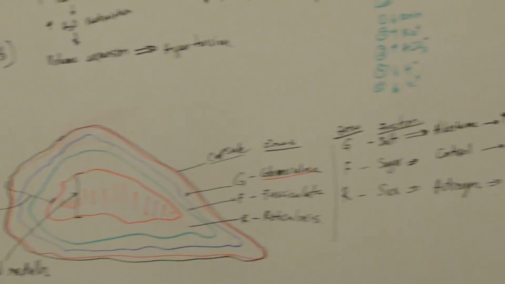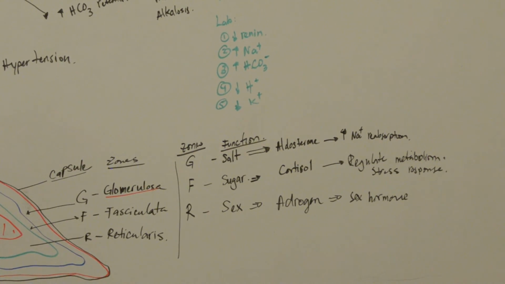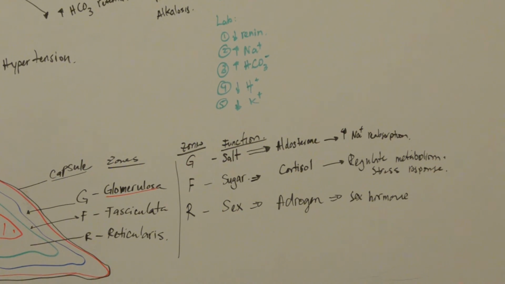What we're going to see right here is three different zones of the adrenal cortex. Each one has different functions. The first one we could say, salt, sugar, and sex. The first one, glomerulosa, produces aldosterone that's involved with sodium reabsorption.